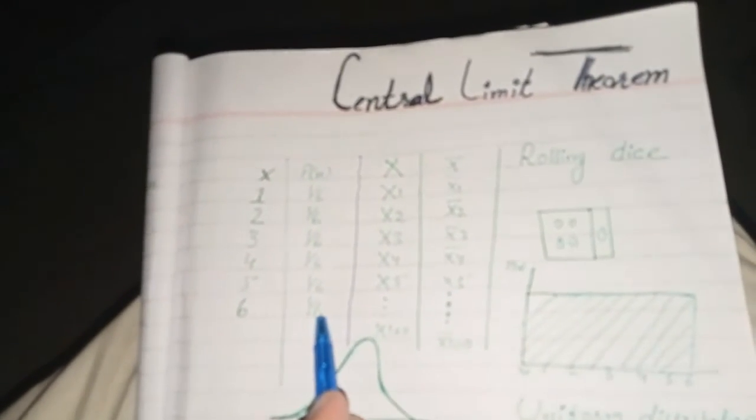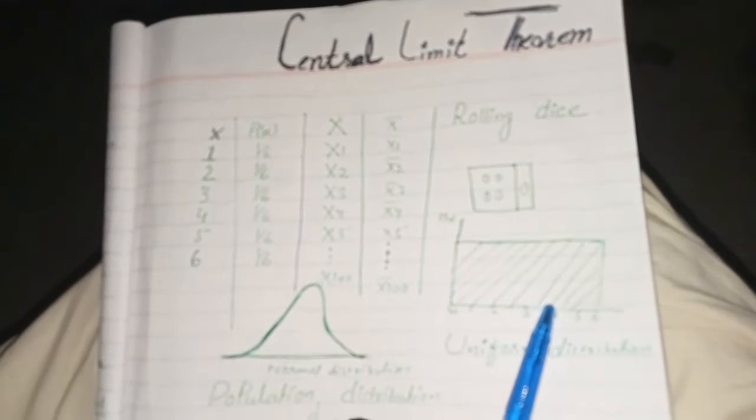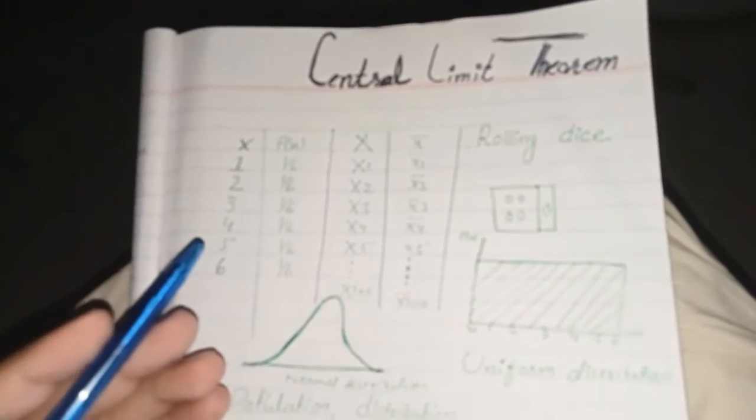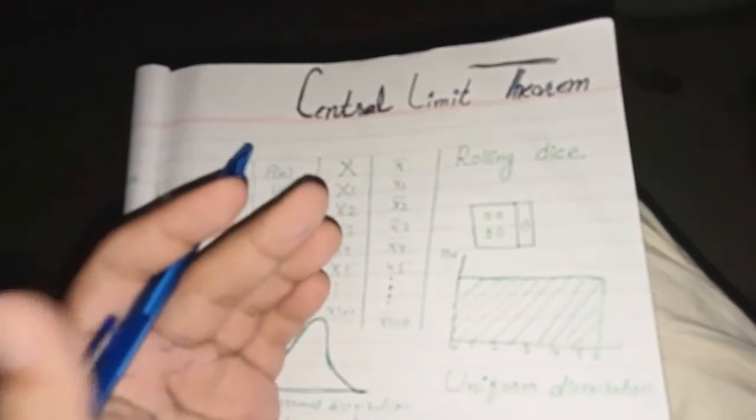When we plot this probability with respect to x, it will be uniformly distributed. Why? Because the probability of each event is equal. That is the reason it gives a shape or distribution like this. This is the scenario when we roll a dice, and there are different scenarios for different probability distributions.